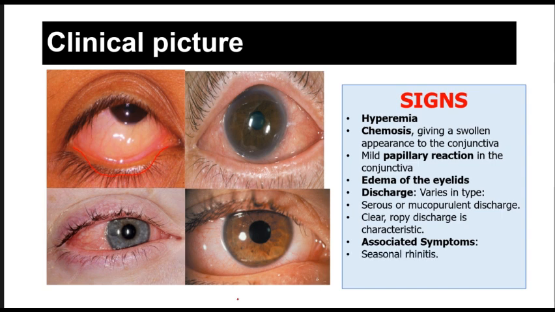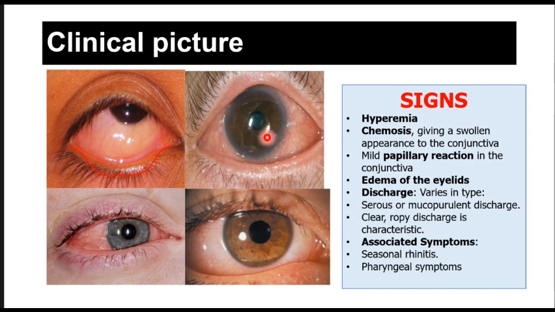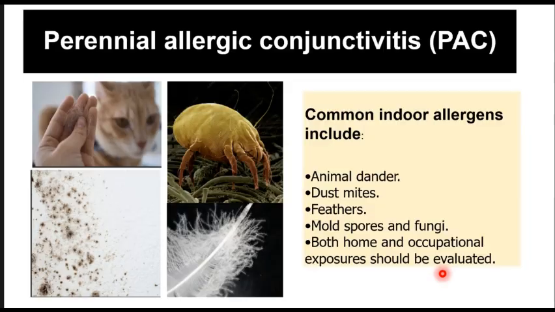Associated symptoms, the patient can have seasonal rhinitis, the patient can have pharyngeal symptoms. Why? Because most of these patients will also have systemic allergy, right? And therefore these seasonal rhinitis, pharyngeal symptoms are quite associated factors along with even asthma.